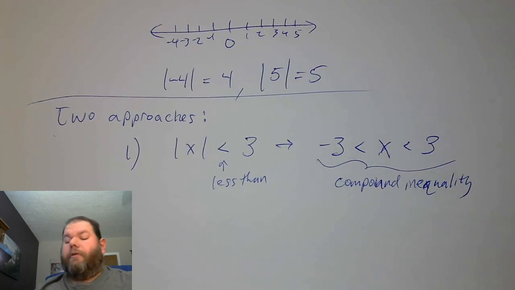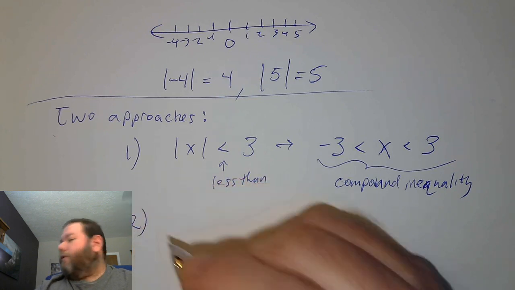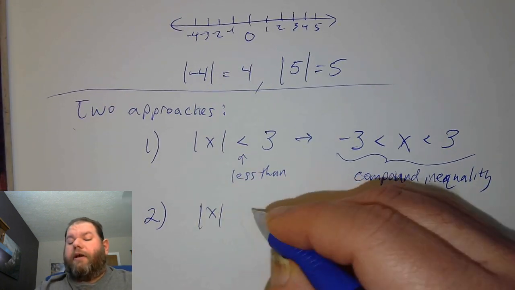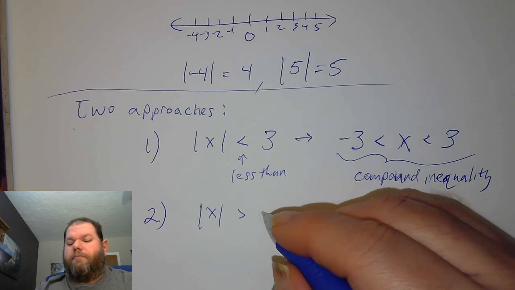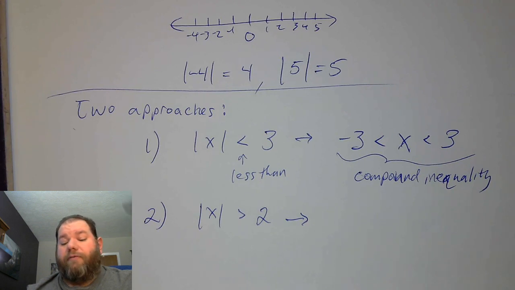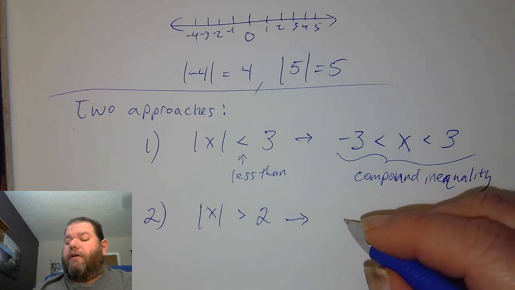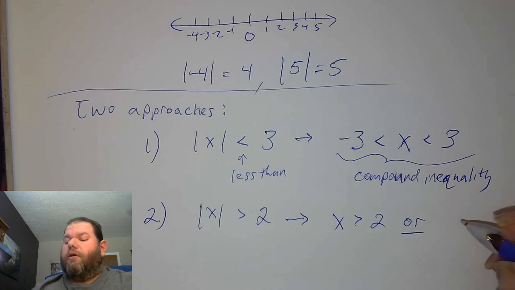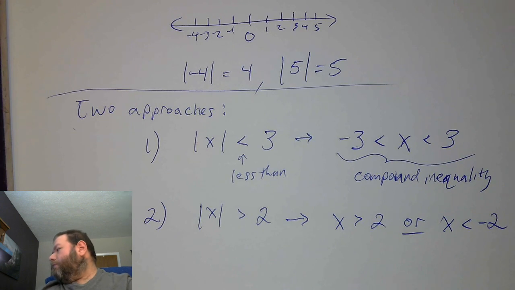The second option is, of course, if we have a greater than number. Here we turn it into a pair of inequalities, which is that x is greater than 2 or x is less than negative 2.